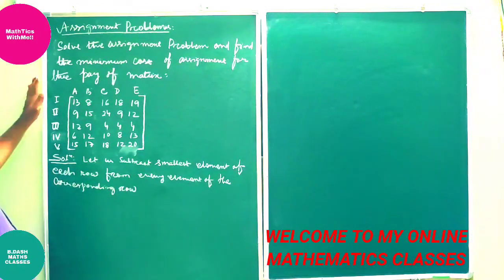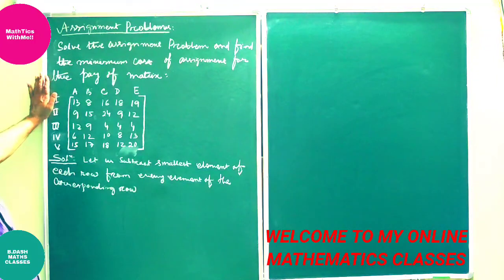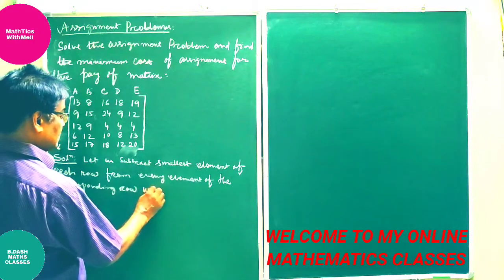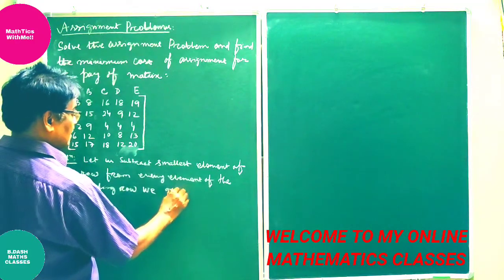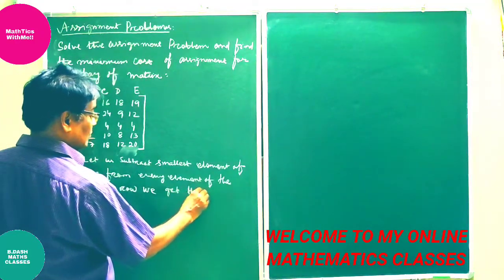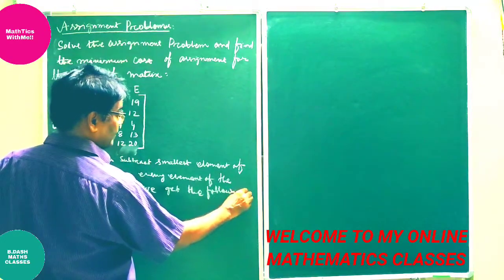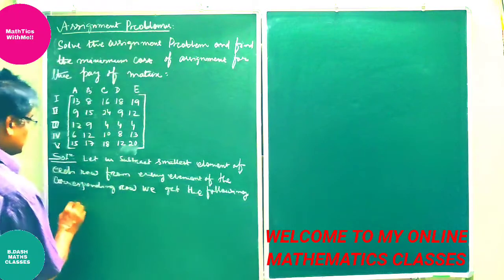So in the first step, let us subtract the smallest element of each row from every element of the corresponding row. We get the following matrix.